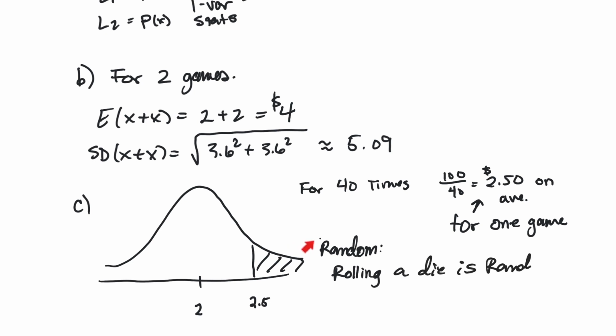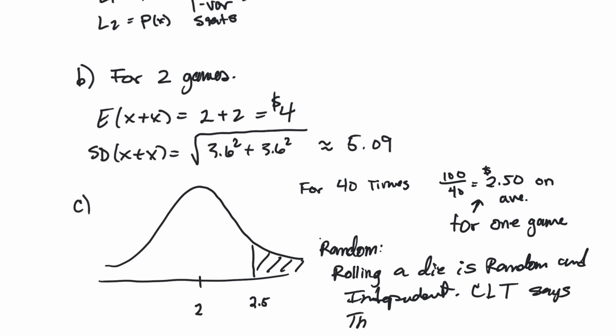First of all, it's random because I'm rolling a die. It's also totally independent because it's dice, right? If I roll a die, it's by definition random and independent, so I don't have to worry about all of that stuff. The central limit theorem, which is what we've been discussing most of today, basically says this will follow a normal model.